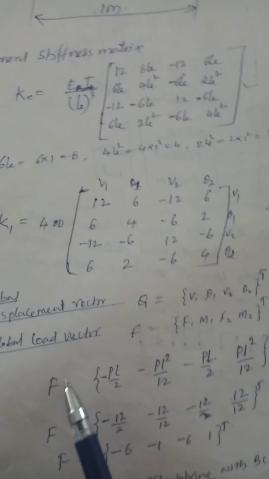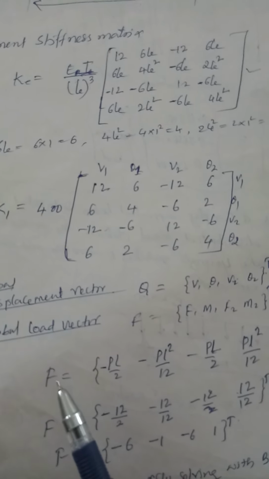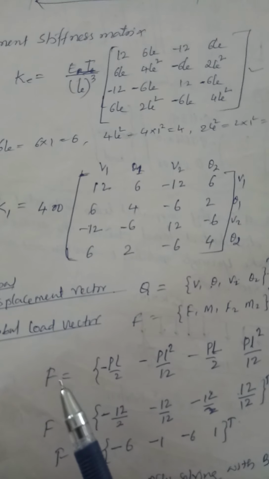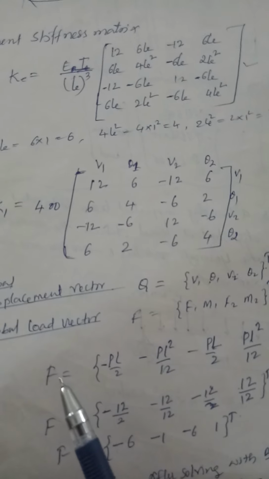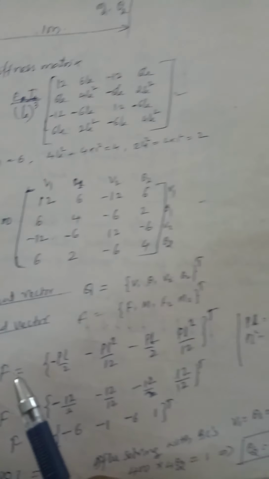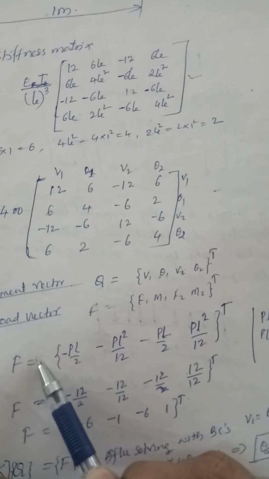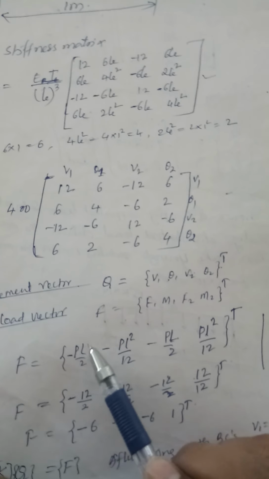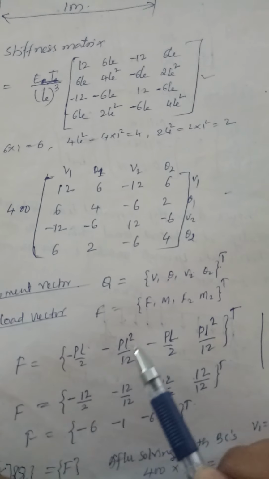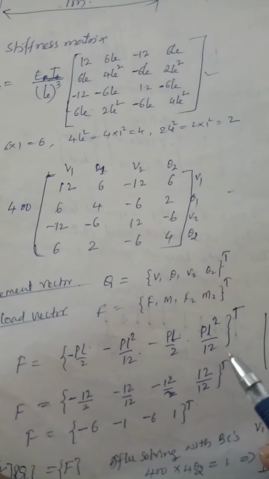So if you have a UDL in the problem, there is a formula directly, considering that UDL, to construct a force vector. What is that? You see here, F global, the load vector, is equal to P, minus PL by 2, minus PL square by 12, minus PL by 2, plus PL square by 12.